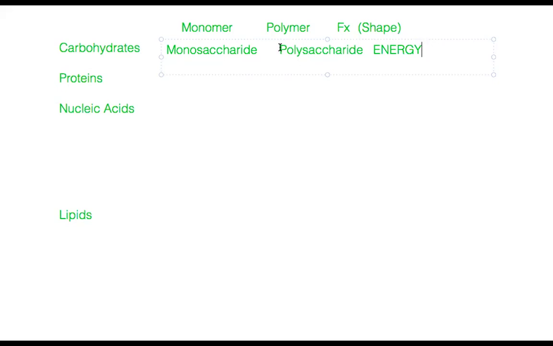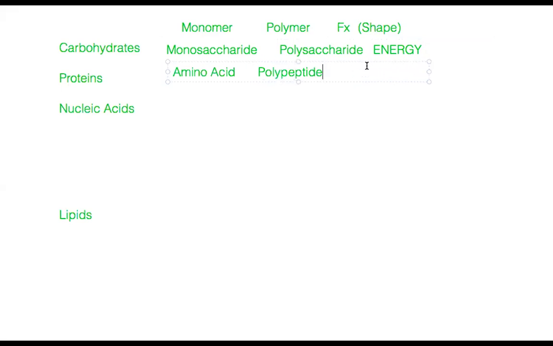The function is energy. For proteins, the monomer here is going to be an amino acid. An amino acid, that's the building block. The name comes from the two parts of the molecule. It's got an amine group and a carboxylic acid group, so it's an amino acid. And the polymer is going to be a polypeptide or a peptide chain, right? A chain of amino acids.